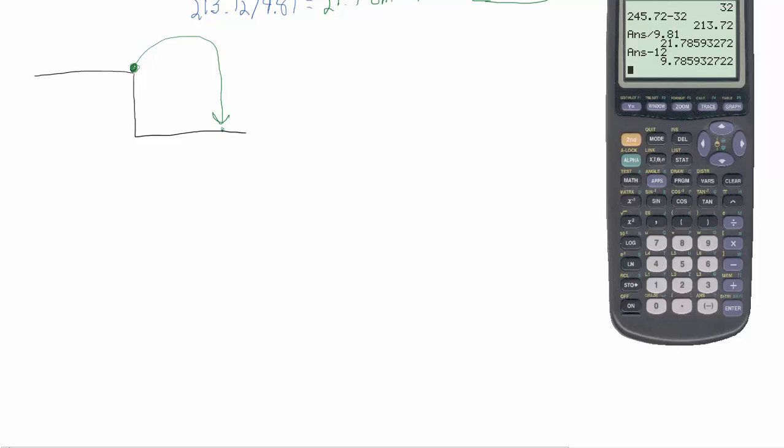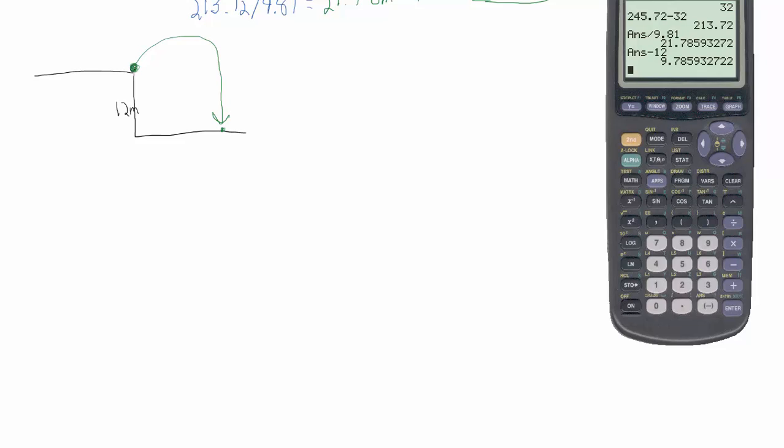And we need to find what its speed is at that point. Okay, so it'll be kind of similar to the last one, and all we have to do is this time, instead of getting height, we need to get the velocity.